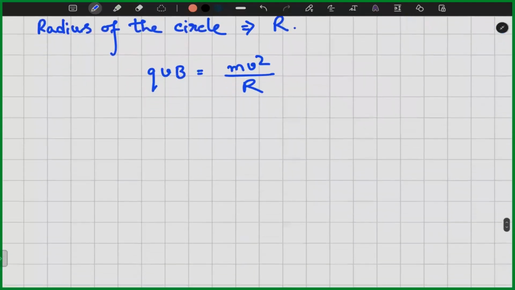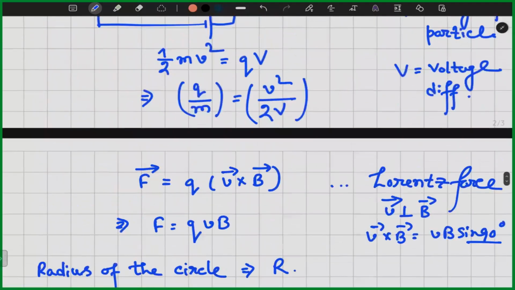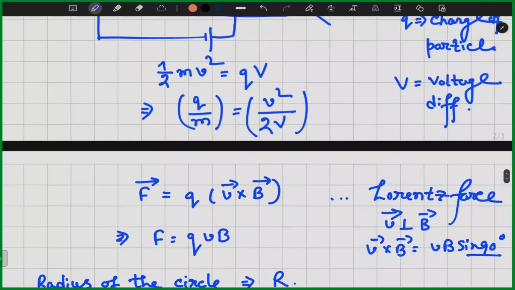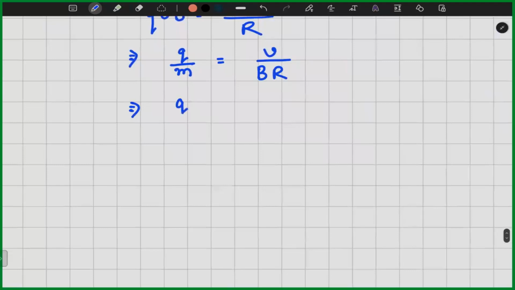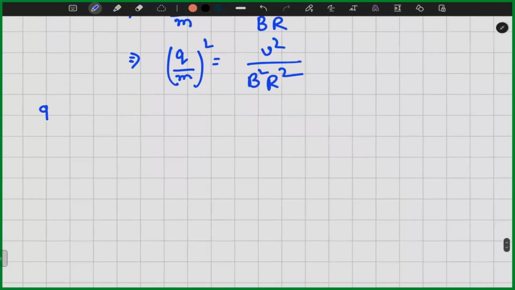So if qvB equals mv square by r, from here we can also write q by m equals v by Br. And previously we obtained that q by m equals v square by 2V. Now if we square it, what happens? We can write v square by B square r square.